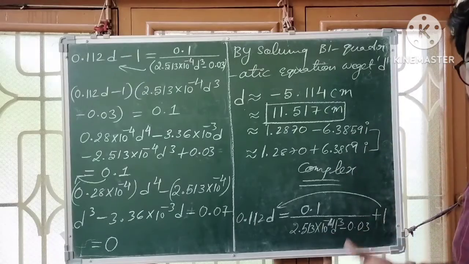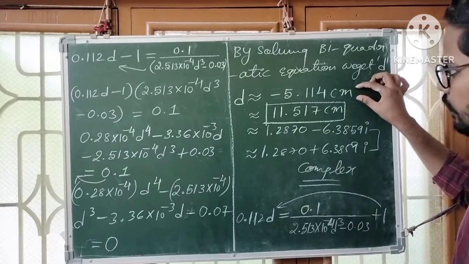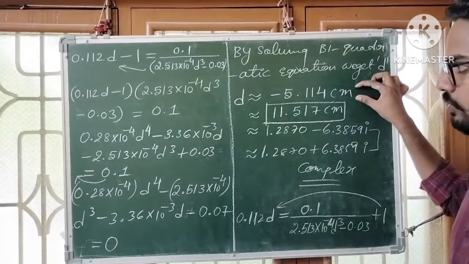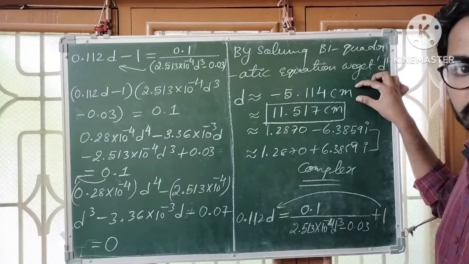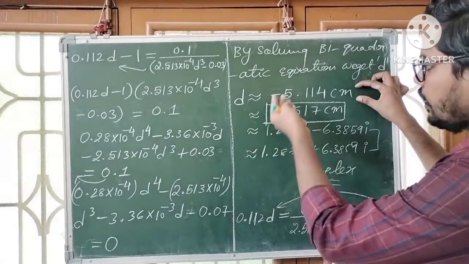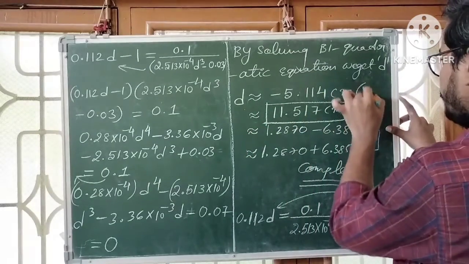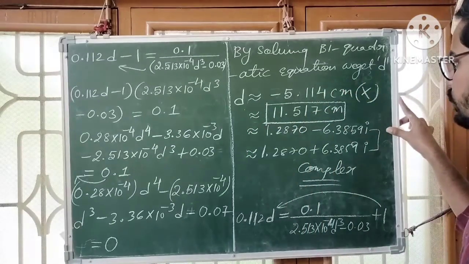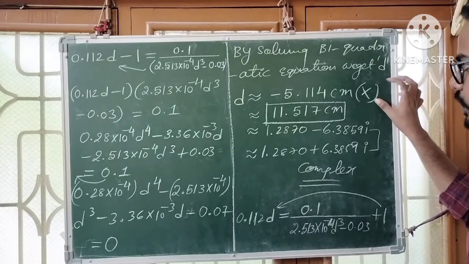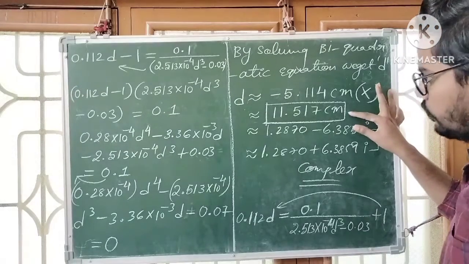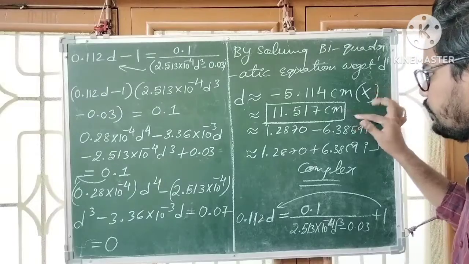And what about the remaining 3 solutions? Here d is the diameter of the cylindrical riser. So diameter cannot be negative. It is always a positive quantity. So minus 5.144 centimeters is not our solution. This is a wrong solution. So d approximately equal to 11.517 centimeters.